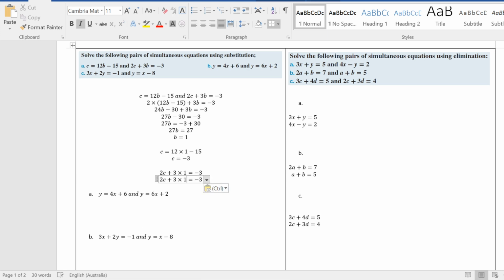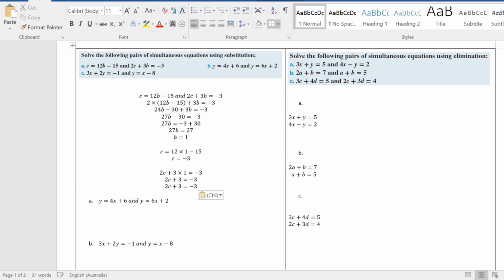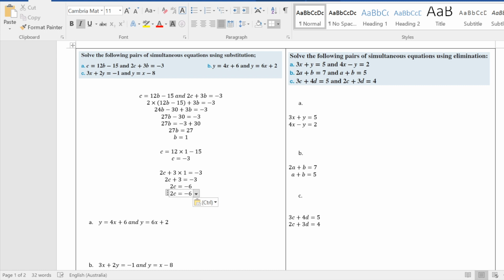So we get 2c, 3 times 1 is 3. Then what we do is we move the 3 over to the other side, making it a minus 3. Now, when we subtract 3 from the other side, minus 3 is actually going to be minus 6. 2c is equal to minus 6. The opposite of timesing something by 2 is dividing by 2. Negative 6 divided by 2 will give you minus 3.